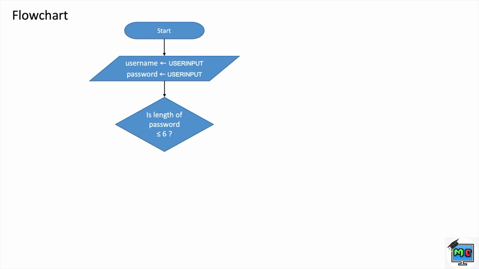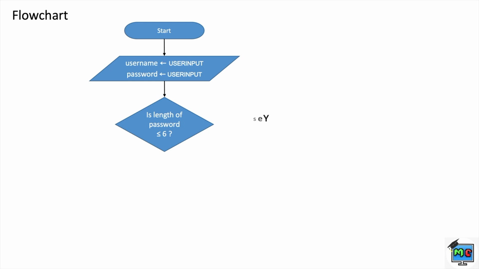Remember, whenever you write something inside this decision box, it must be a question. The answer to the question must be yes or no, true or false, 0 or 1. So whatever goes inside this diamond shape must be a question, and the answer could be yes or no.